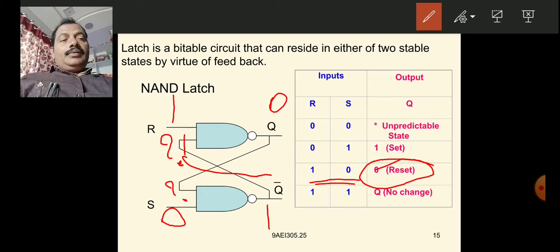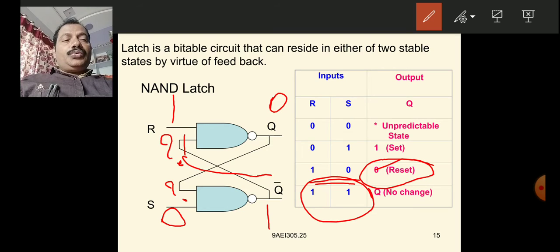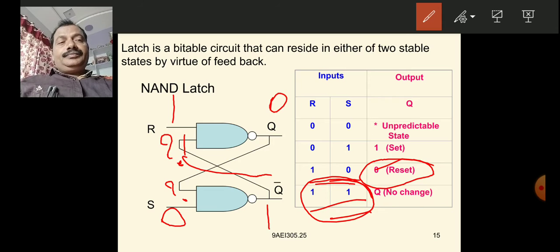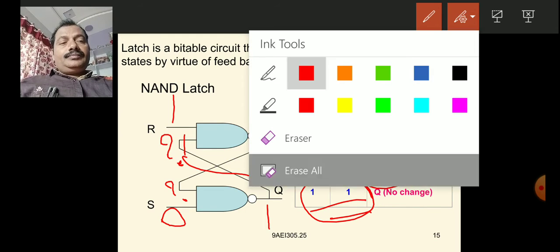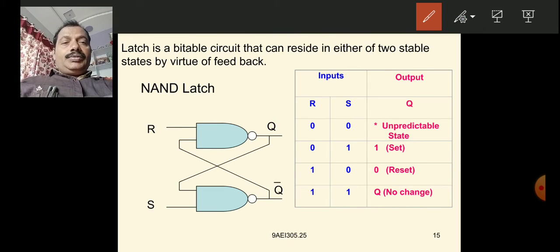Okay. Now let us consider the last combination, 1 1. This is a very important combination. You have to understand it clearly. So this is 1, this is 1.